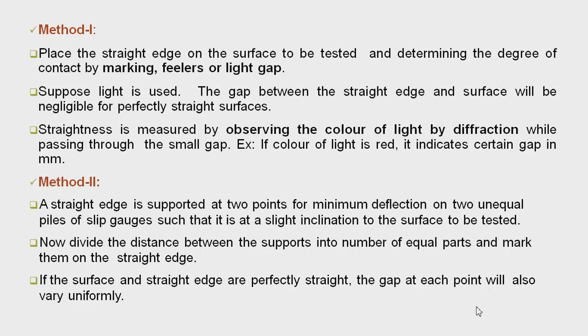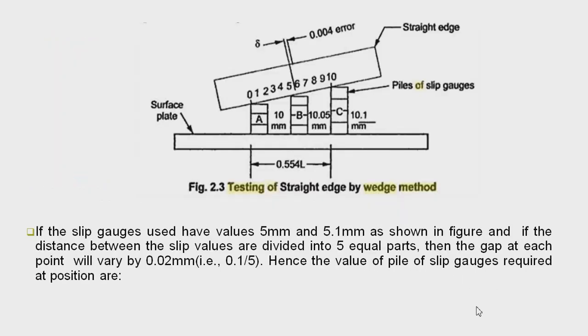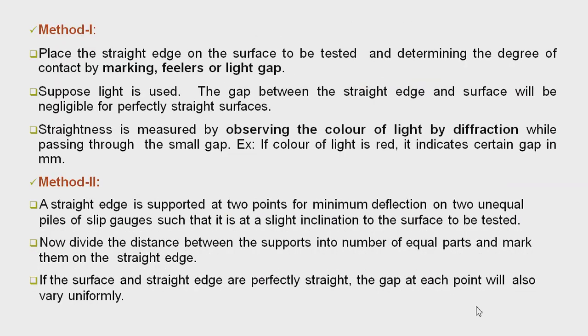Similarly, there is another method in which straight edge is supported at 2 points for minimum deflection on two unequal piles of slip gauges, such that it is at a slight inclination to the surface to be tested, as shown in figure. Now we'll divide the distance between the supports into number of equal parts and mark them on the straight edge. If the surface and straight edge are perfectly straight, the gap at each point will also vary uniformly, as you can see.